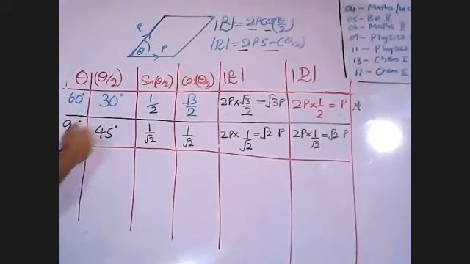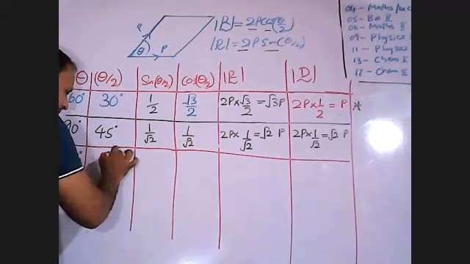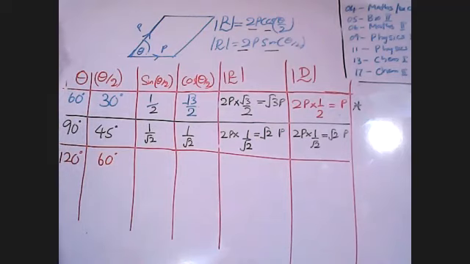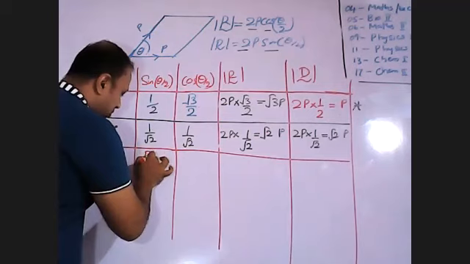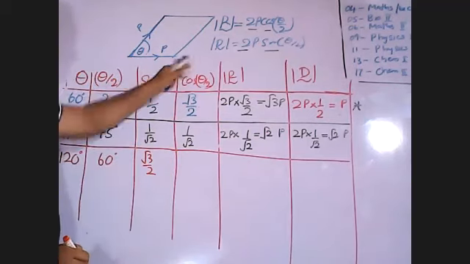Then suppose theta is equal to 120. If it is 120, theta over 2 means half of that angle, that means 60. If it is 60, sin 60 is root 3 over 2. Cos 60 is half.